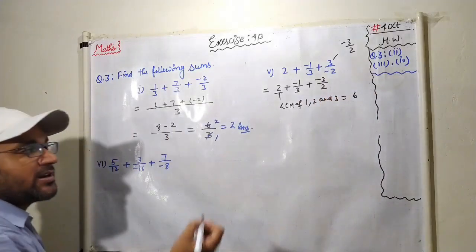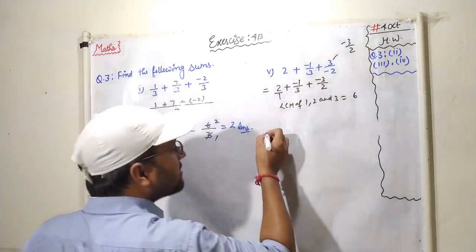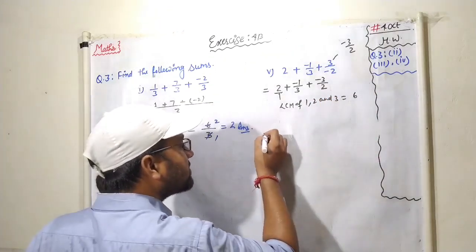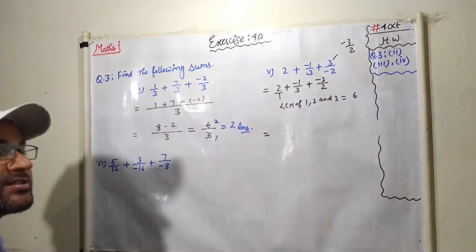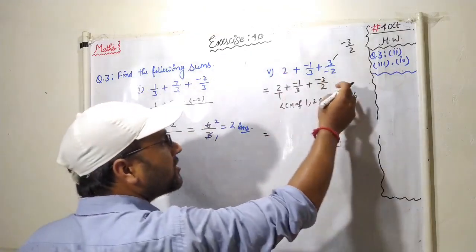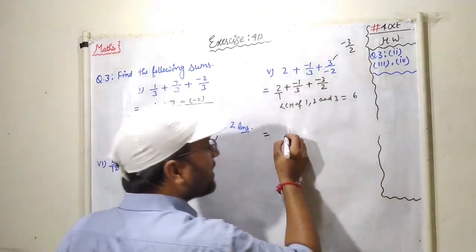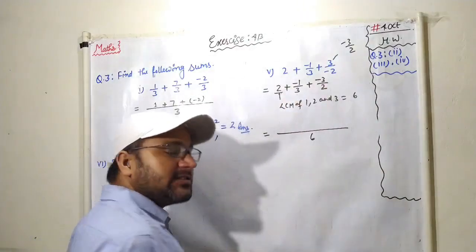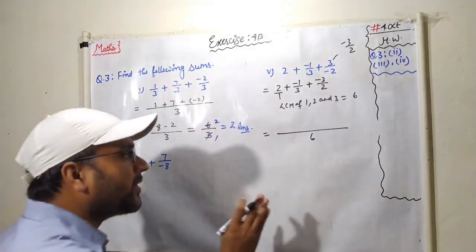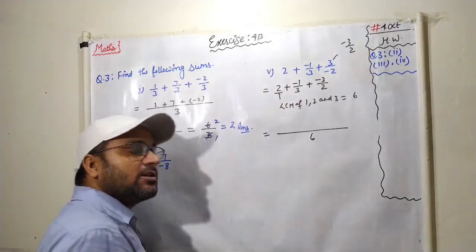You know that 2 multiplied by 3 gives 6. The common denominator is now 6. Write 1 time 6, divide by each denominator and multiply whatever you get into the numerator.